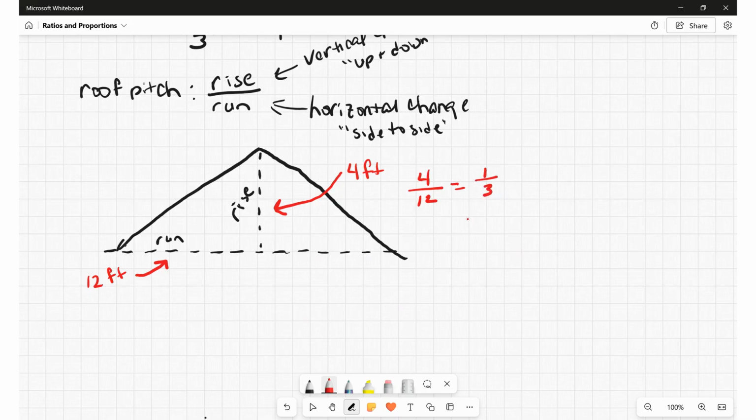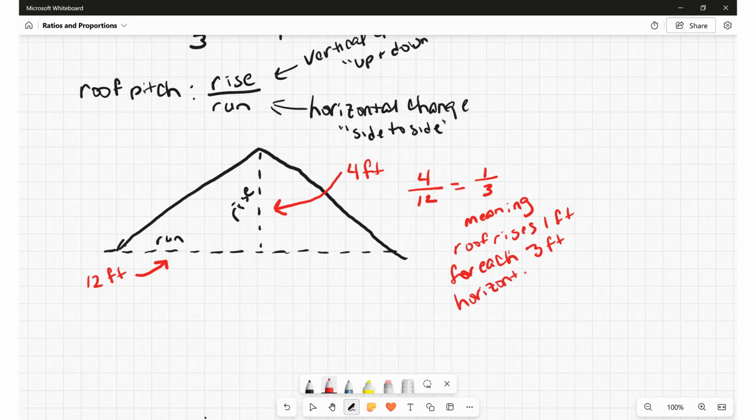And what this means, okay, the meaning of this is that the roof rises 1 foot for each 3 foot horizontal span. All right.